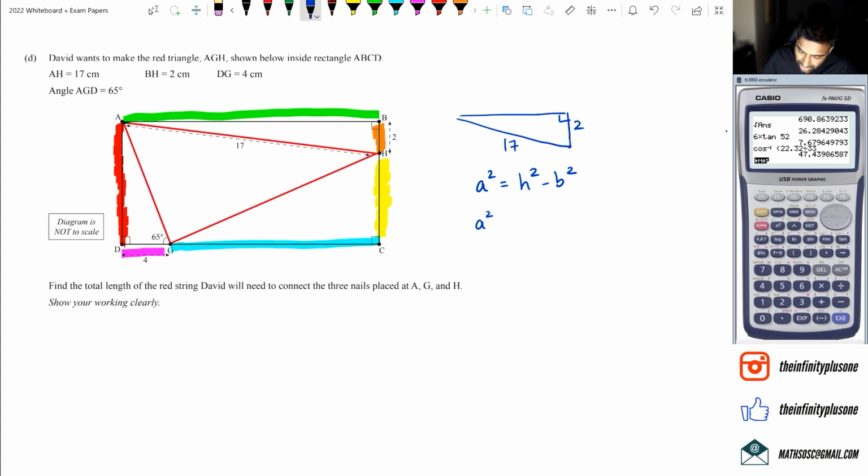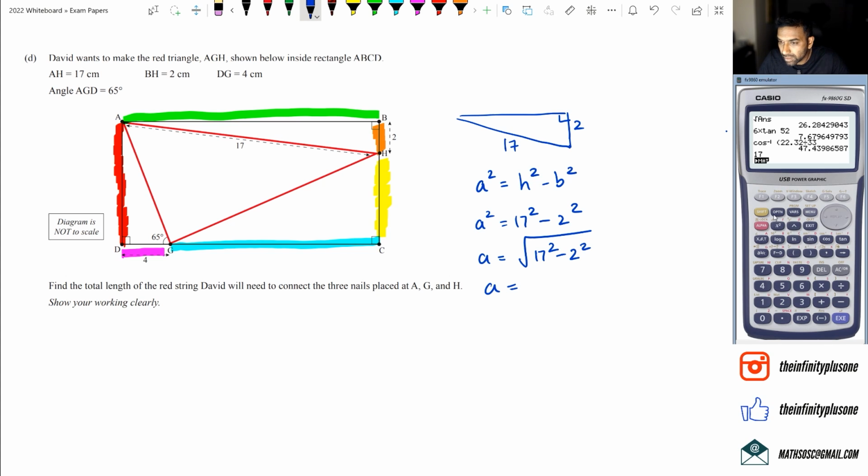So we've got a squared is equal to 17 squared, take away 2 squared. So a is equal to the square root of 17 squared minus 2 squared. So in this case, what we've got is 17 squared minus 2 squared, which is equal to 285.